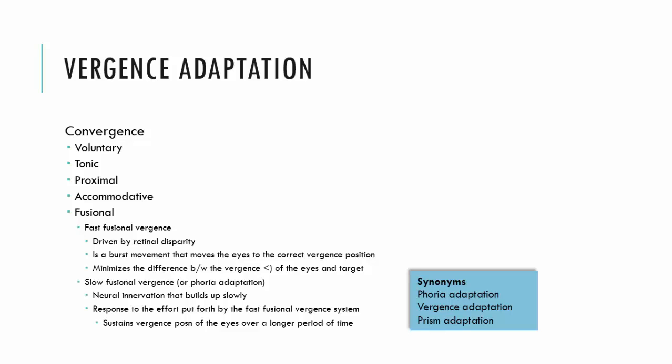It resets the level of tonic vergence, and it's much more efficient at maintaining a particular vergence position, and as a consequence it results in less fatigue. So overall, the slow fusional vergence relieves the stress from the increased demand of the prism on the fast fusional system. With the relieving of this stress, it also makes it possible for the fast fusional vergence to respond to a subsequent stimulus of disparity.